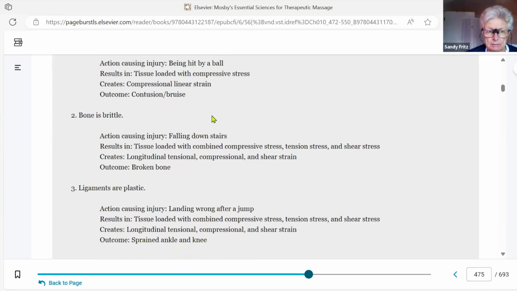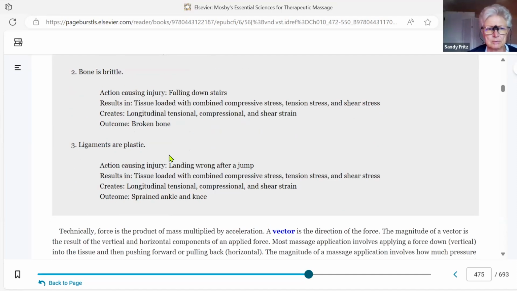Bone is brittle. So action causing the injury is falling downstairs, results in tissue loaded with combined compressive stress, tension stress, and shear stress, creates longitudinal tension, compressional, and shear strain, and the outcome is a broken bone.